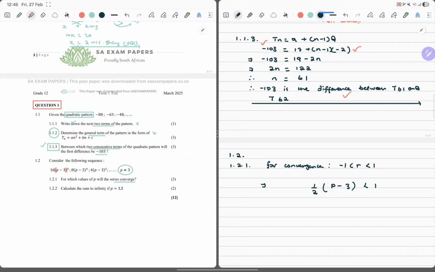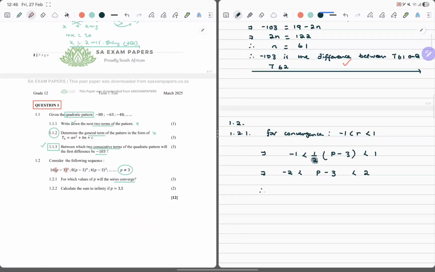So now we're saying this must be less than 1, greater than minus 1. Now this is a grade 10 inequality type question. So cross multiply the 2 on both sides, we get minus 2 is less than P minus 3 less than 2. Because we're multiplying by a positive number, the inequality signs don't change.